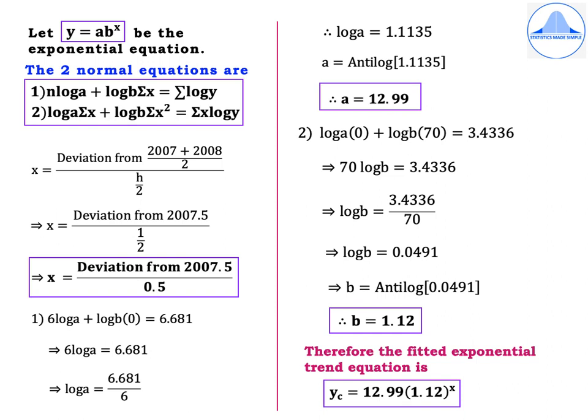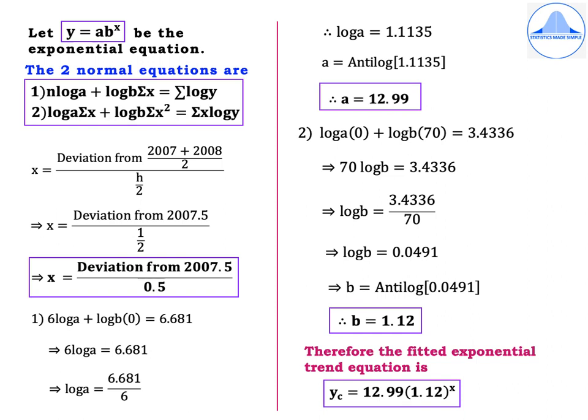Substituting the totals in the second normal equation, you get log a into 0 plus log b into 70 is equal to 3.4336, which implies 70 log b is equal to 3.4336, which implies log b is equal to 3.4336 divided by 70, which implies log b is equal to 0.0491, which implies b is equal to antilog of 0.0491.